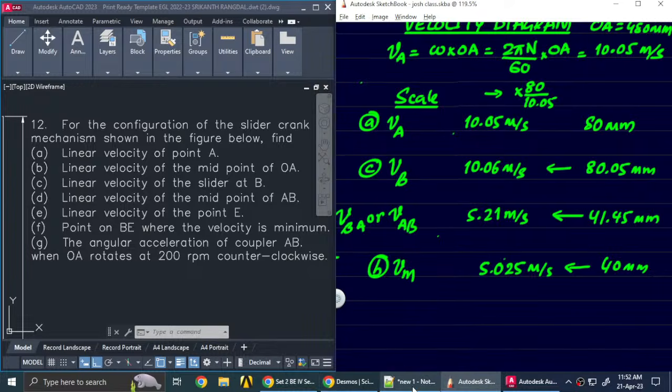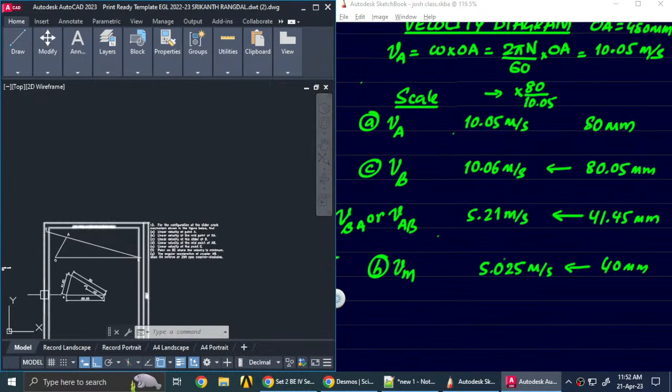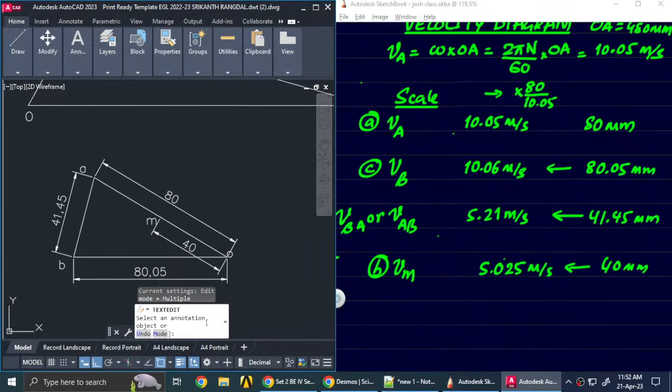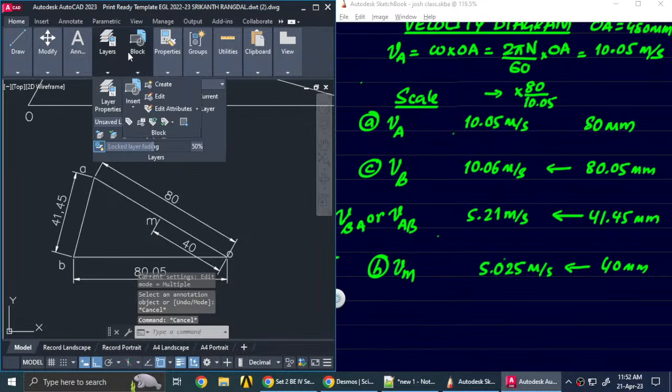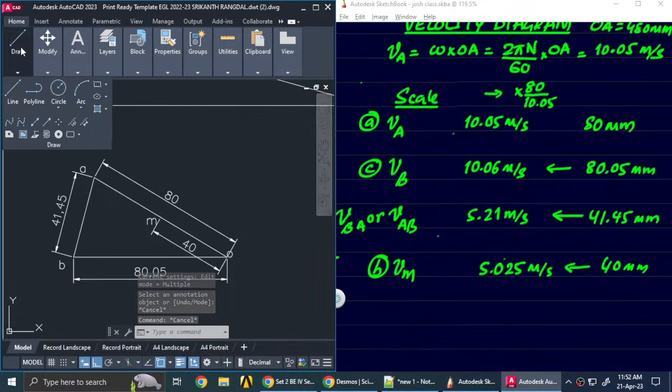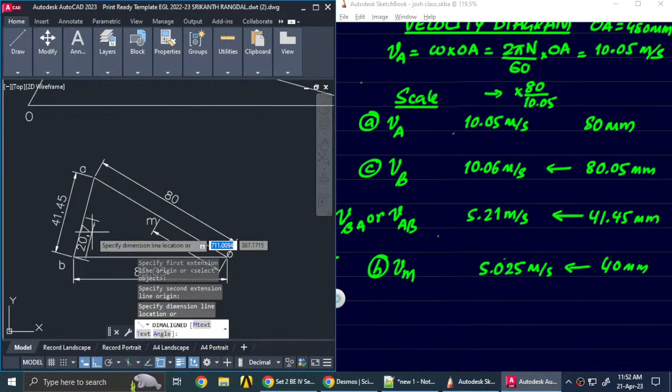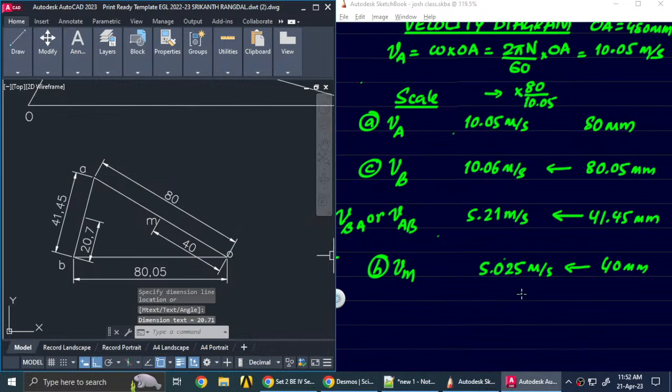If you want to find the velocity of the midpoint of AB, here this is B. The midpoint of AB is going to be halfway through that length. So this is the velocity of the midpoint of AB.